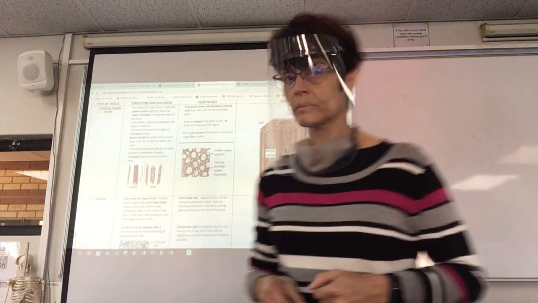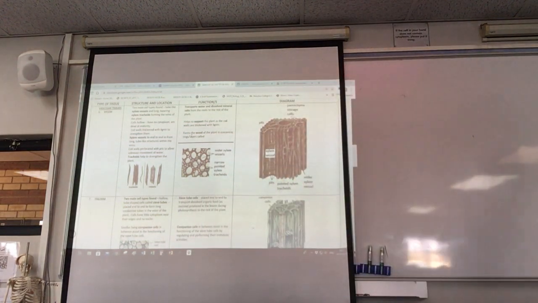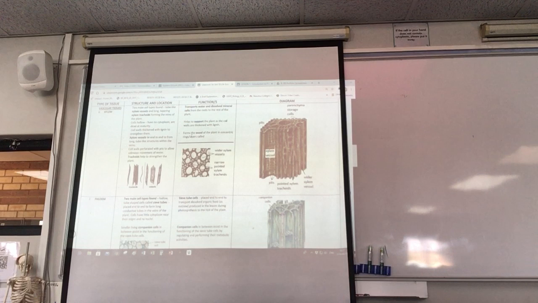So this one is securing here. See? There's a bit of movement tissue there. They seem to be colour and yellow. Vascular cambium.